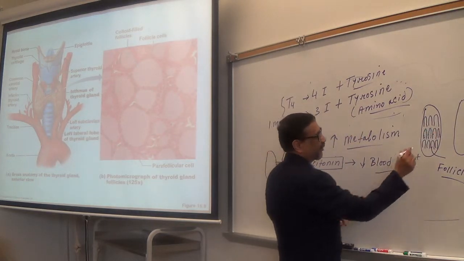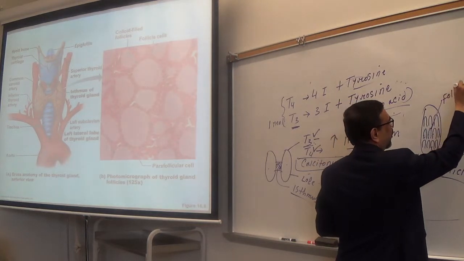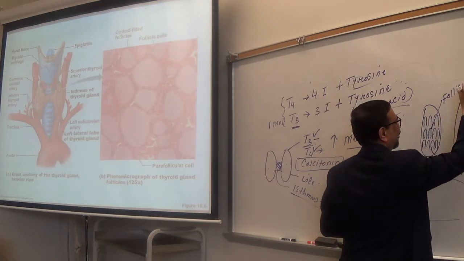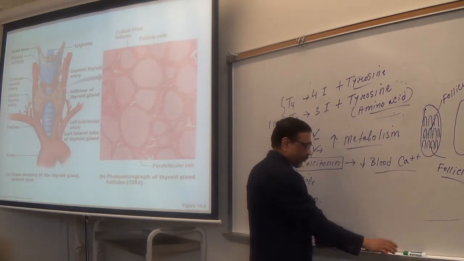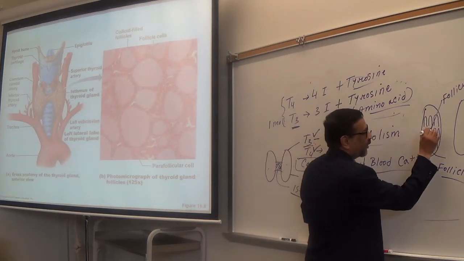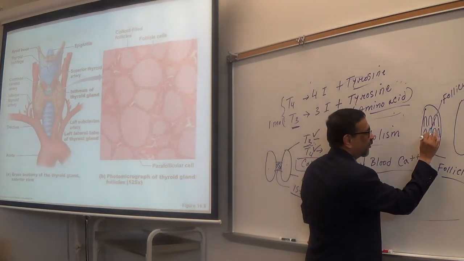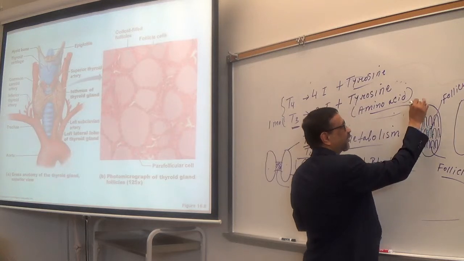So let me write it down. Follicular cells. And in between the follicles, you have another type of cells outside of the follicle, in between the follicles. These are called parafollicular cells.